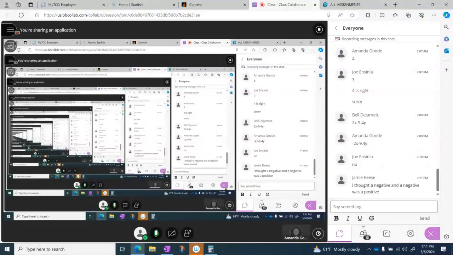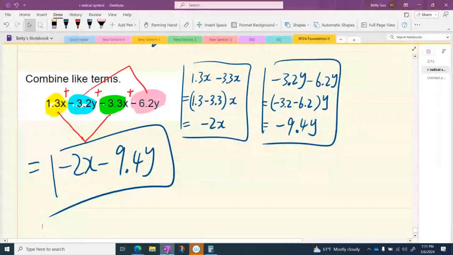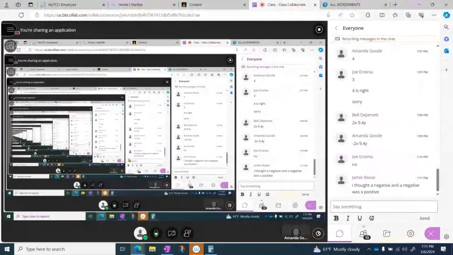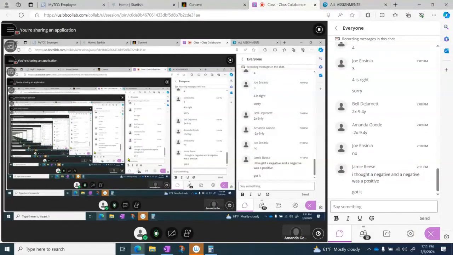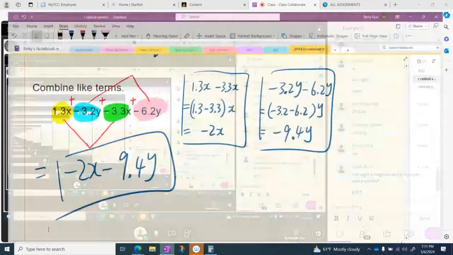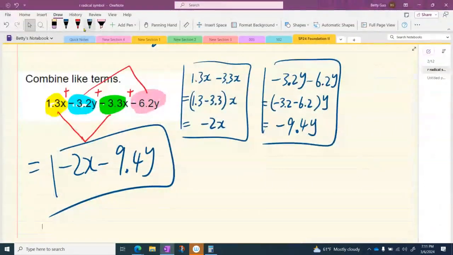I thought a negative and a negative was a positive. Oh, Jamie, a negative number multiplied by a negative number gives you a positive number. But if you add 2 negative numbers, you still have a negative number. For example, in this case, negative 3.2 and negative 6.2.